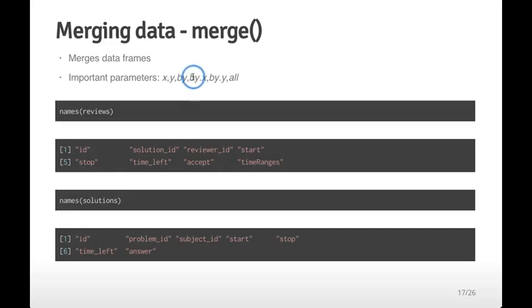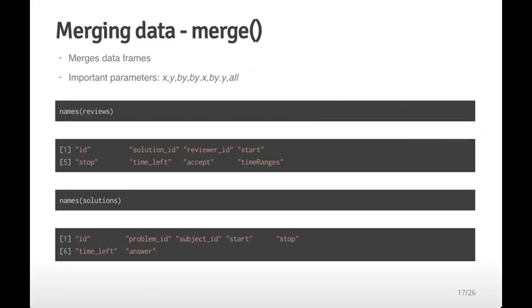You can also break it up into by.x and by.y, in other words, you can match the variable names even if they're different across data sets. And then the all value, which says that even if there are certain values that don't appear in one data frame but they appear in the other, you would like an NA to appear in the merged data set.